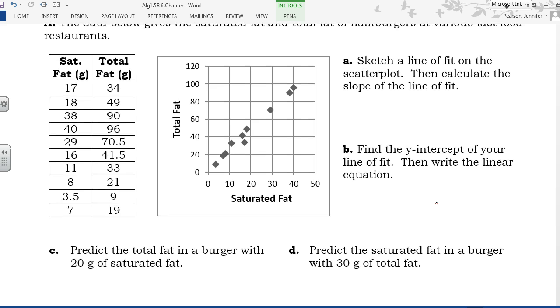Okay, first example shows me some data, and it has a graph of that data. Sketch a line of fit of the scatter plot, and so I want to make sure my line goes in the middle of the points, and it should be pretty straight. That was not very straight.